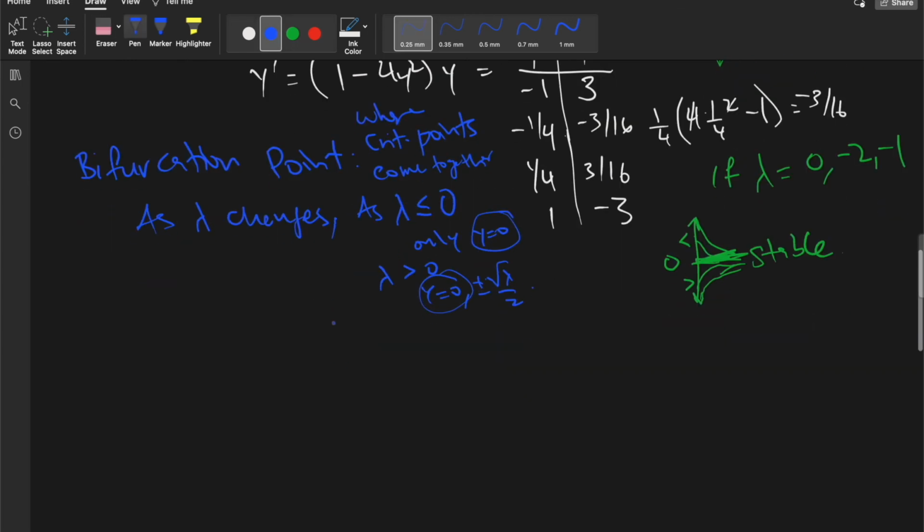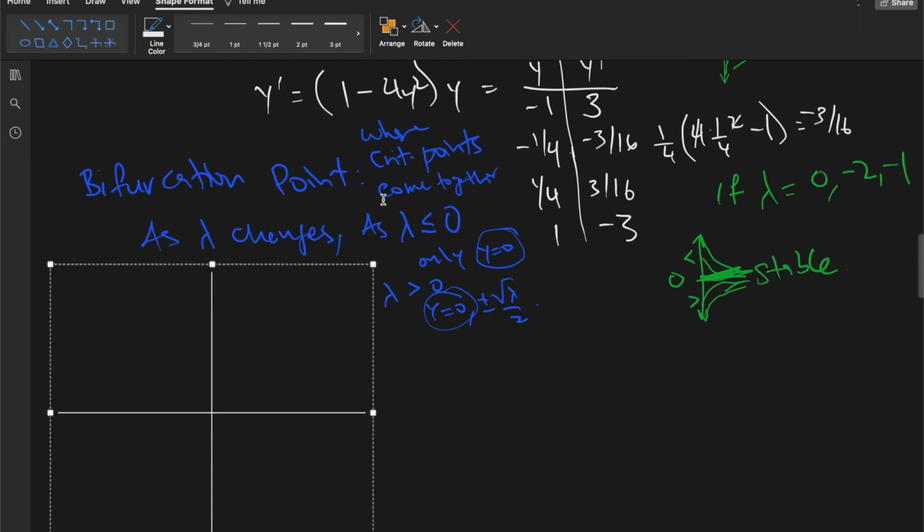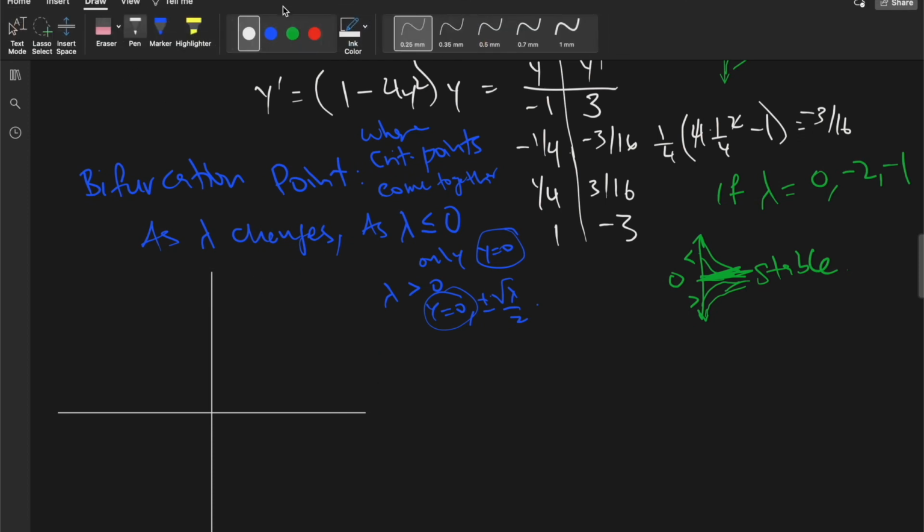If we wanted to graph a graph, which we do, and we want our graph to be of our critical points, y critical points, and our values of lambda. So if lambda is 0, negative 1, or negative 2, then the only points we have are zeros for y.